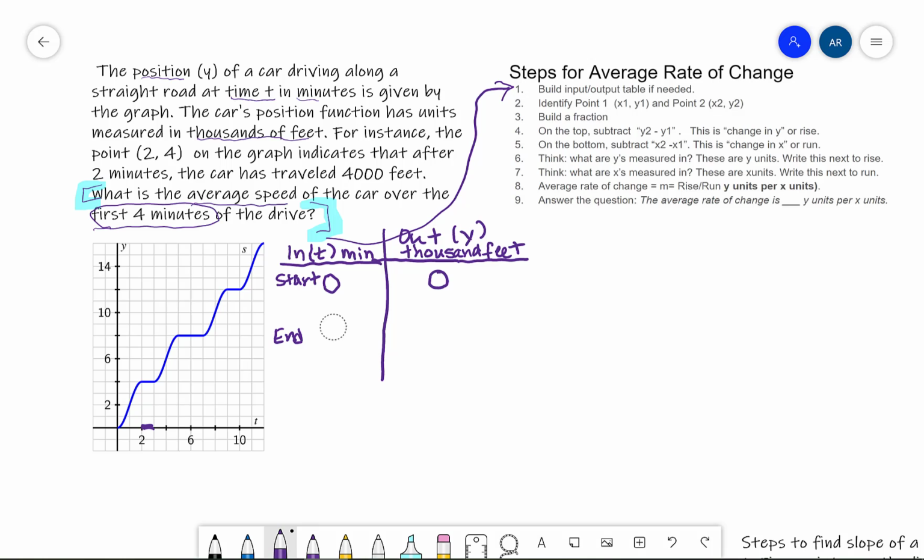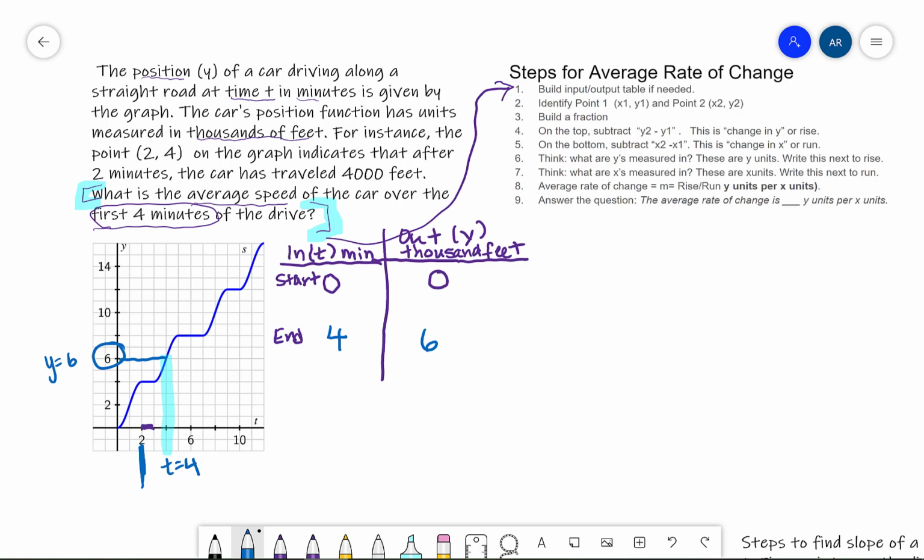I'm going to color the end a different color so that we can see it. At the end, we were at time 4. So I'm going to read along my graph. If this marker along the bottom of my graph is 2, then 4 should be halfway between 2 and 6. That must be where 4 is. So this is t equals 4. I'm going to read across, and I get that the y is 6.